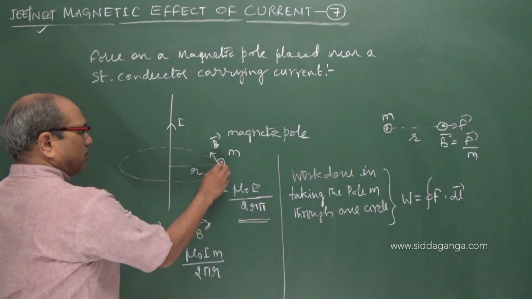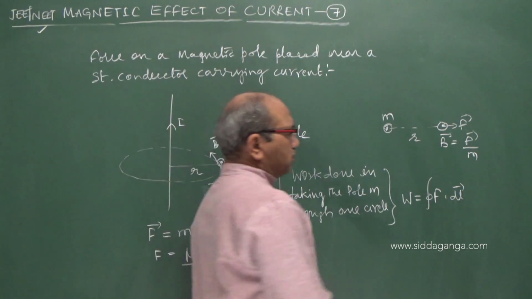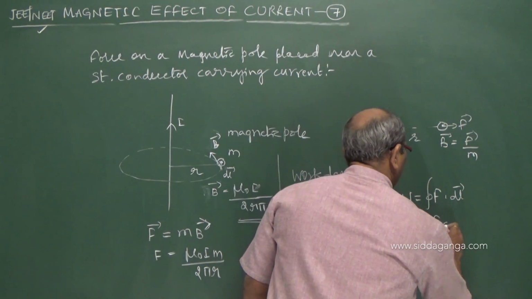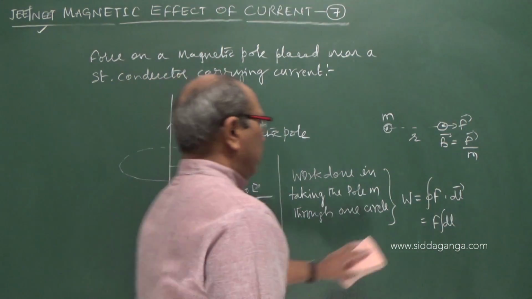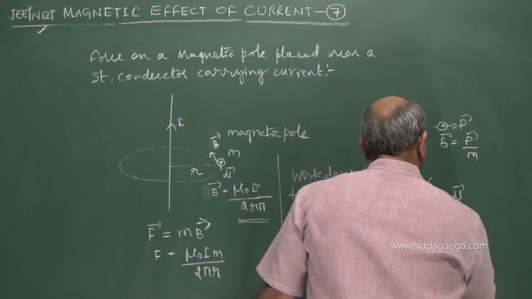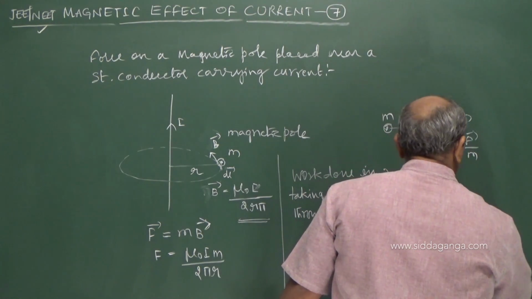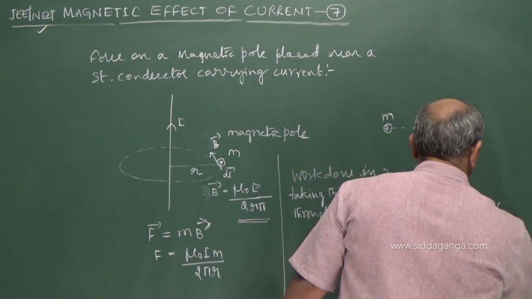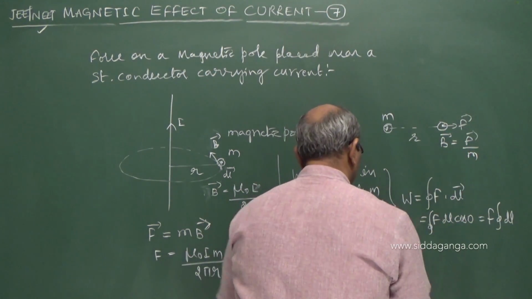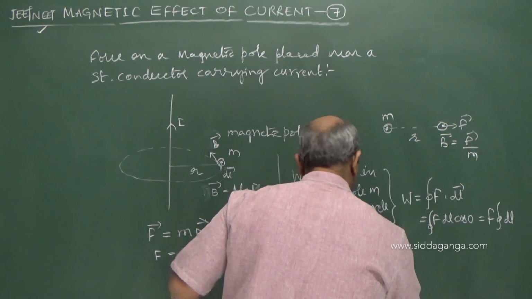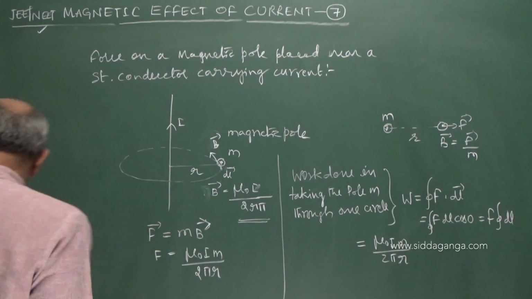The dl is this length. dl is in the same direction as F, therefore it is extended. Integration of F dl cos 0, or F into the integral of dl, that is equal to F. Mu naught I M by 2 pi r is the force value we have.